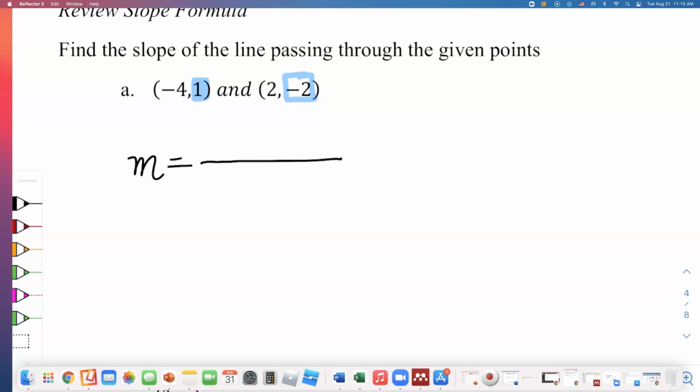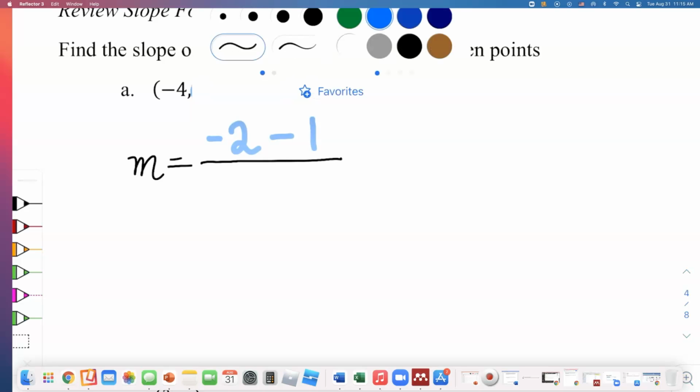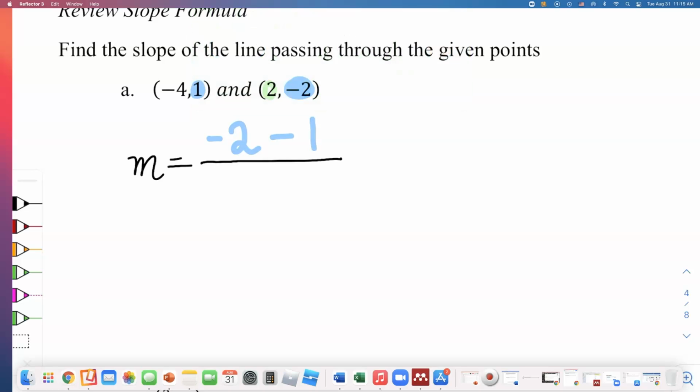So you're going to have to subtract -2 minus 1. Let me write that down: -2 minus 1 on top of the fraction. Now in the bottom of the fraction, I'm going to subtract 2 minus -4.